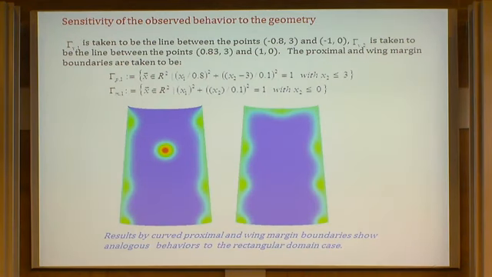Here, this one tests the sensitivity of behavior to geometry.